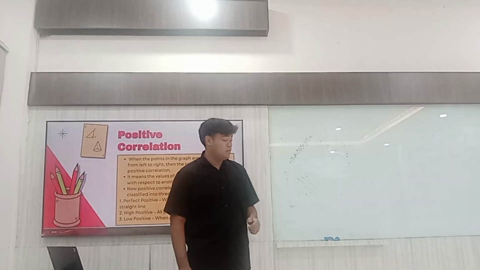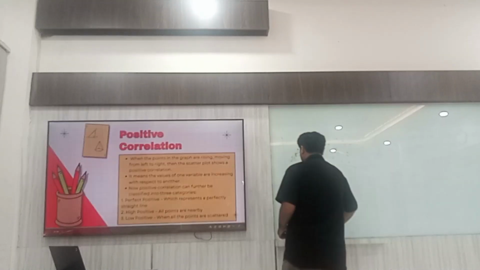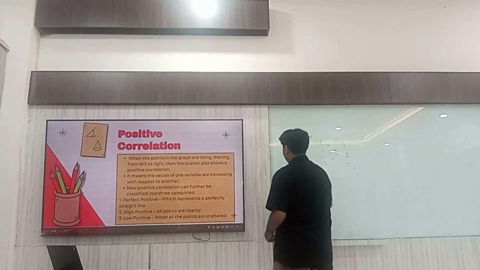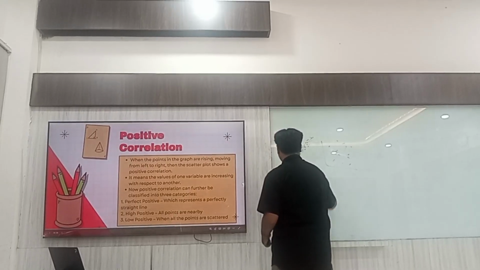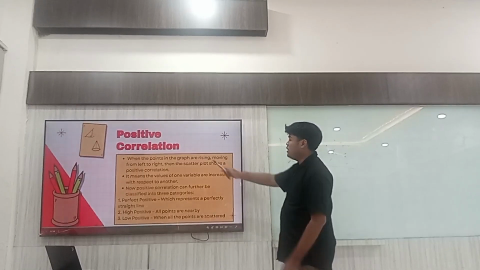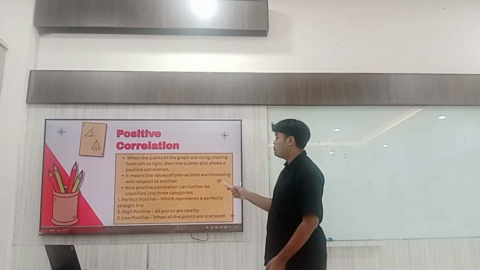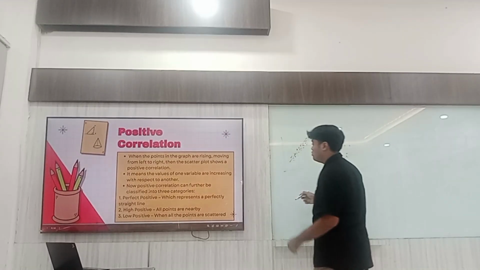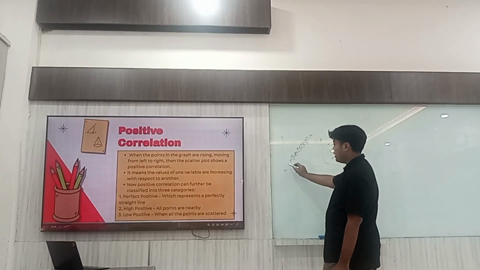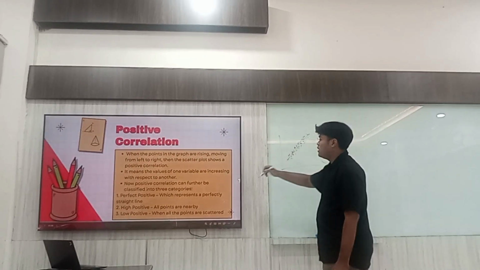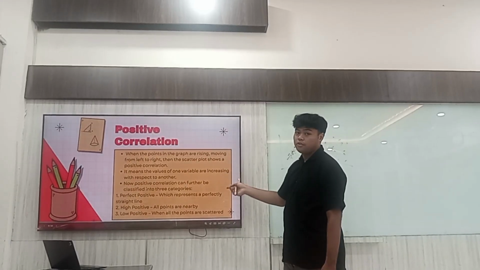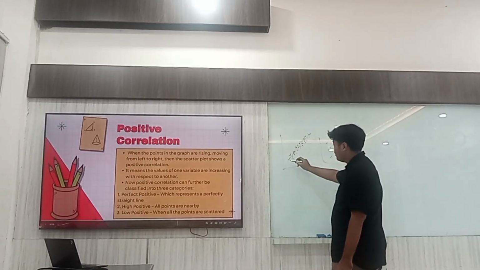Positive correlation. The points in the graph are rising, moving from left to right. So moving from left to right, the scatter plot shows a positive correlation.